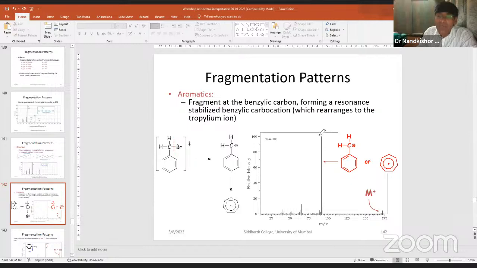Whenever you get the 91 peak, you have to understand your compound possesses the tropylium ion, and that tropylium is one of the tools to identify it. So whenever you have a benzyl carbocation, it will show you the 91 peak, and that is always the base peak. That base peak clearly gives the information about the benzyl group. And this way, you can easily read out the spectrum.